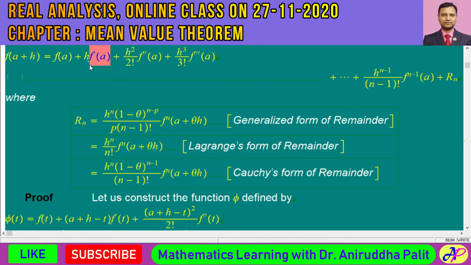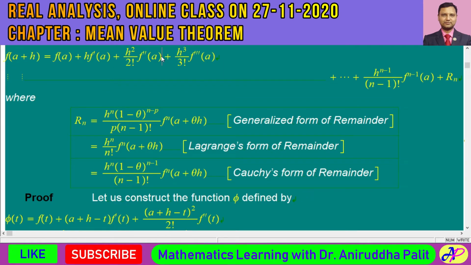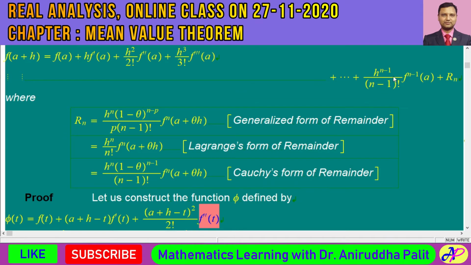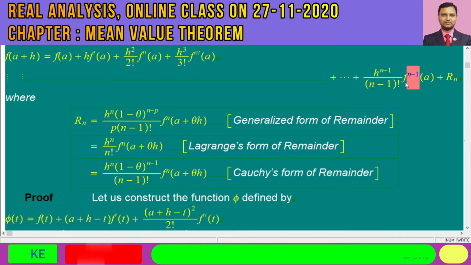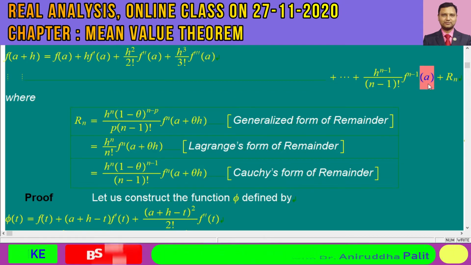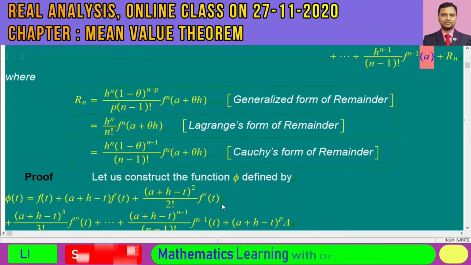Over here we have f dash a, so I am writing f dash t, and so on. F double dash a is there, I am writing f double dash t. In this way we continue up to the n minus first derivative of f computed at the point a, and therefore we take the n minus first derivative of f computed at the point t. So just similar to this expression, we are putting the variable quantity t in place of a.